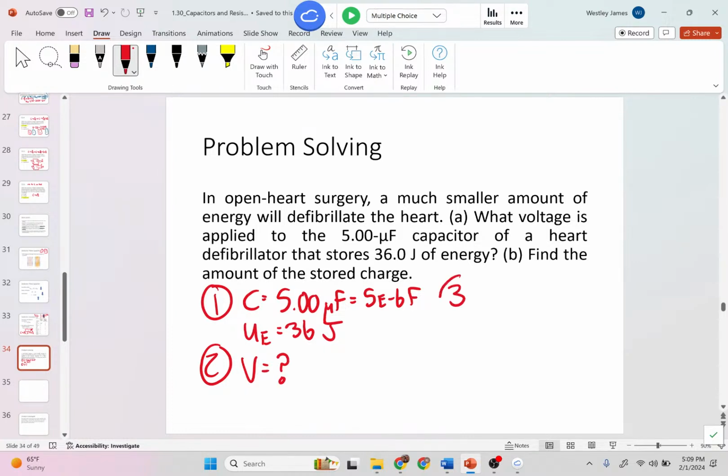Step 3, I'll give you all a bit more than 5 seconds on this. What equation or equations, sometimes it's not just one, sometimes it is, sometimes you have to use a couple, relates energy, capacitance, and voltage? See if y'all can find it.